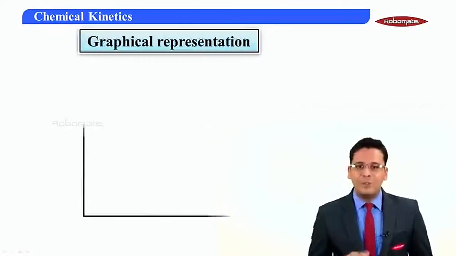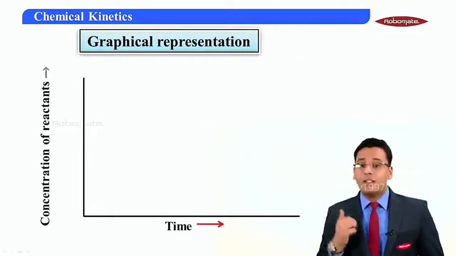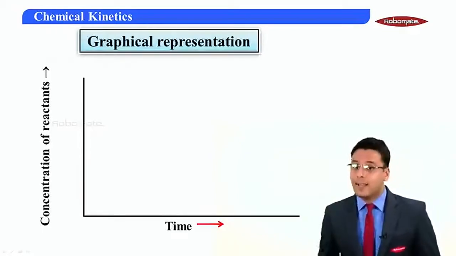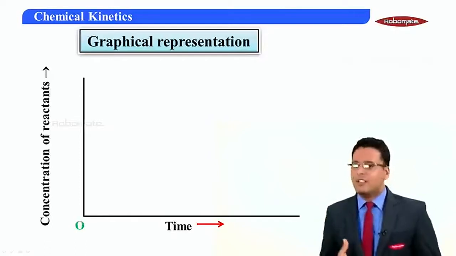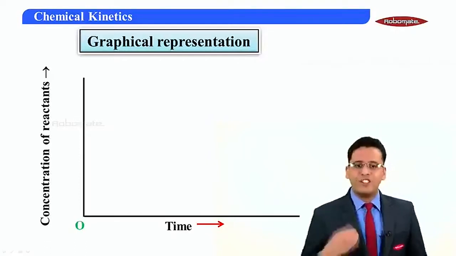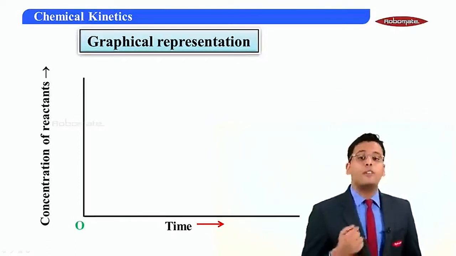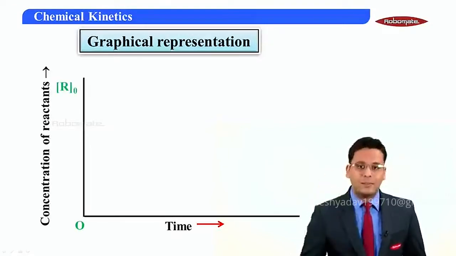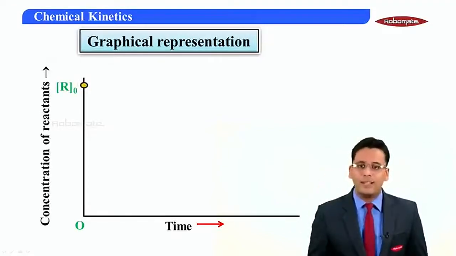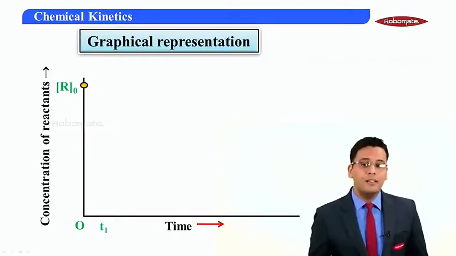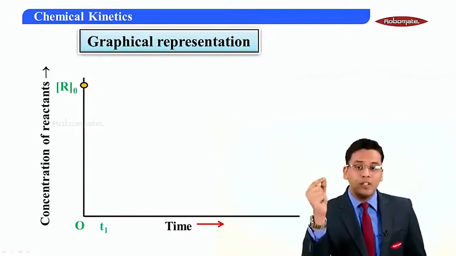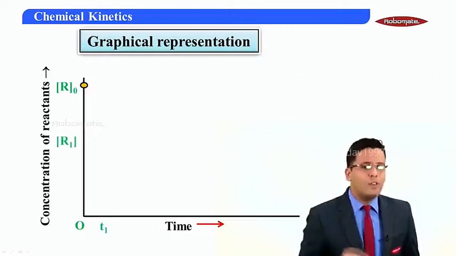Say I were to plot a graph of concentration of the reactants versus time. When the time hasn't even started, when time is zero, the reaction has not started yet. So the concentration of the reactants will be maximum. That's our point right there on the y-axis. As the time progresses to T1, the reactant concentration will now reduce to R1.